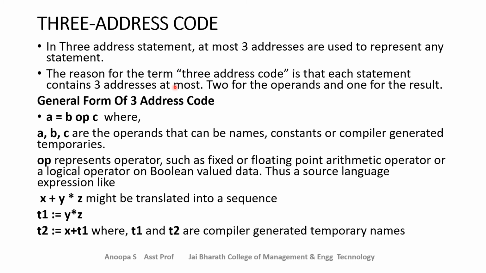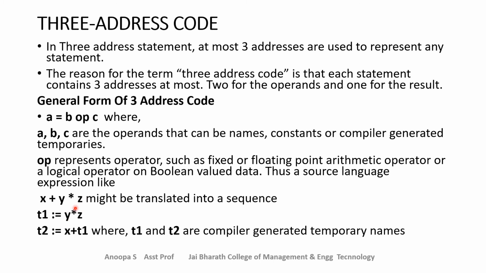At most means that can be either 0, 1, 2 or 3, but not more than 3. So 2 for the operands and 1 for the result. The general form we can write as a equal to b op c, where a, b, c are operands, that can be names or constants or compiler generated temporaries, and op represents the operator.